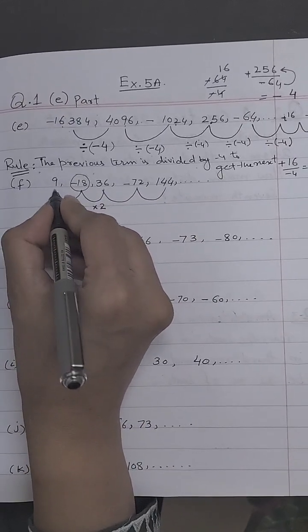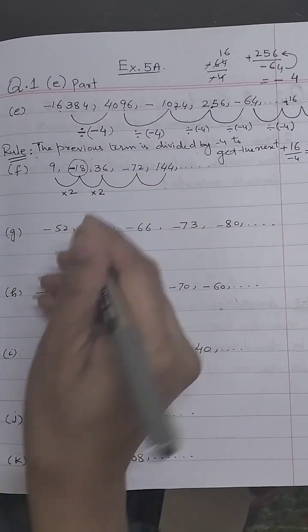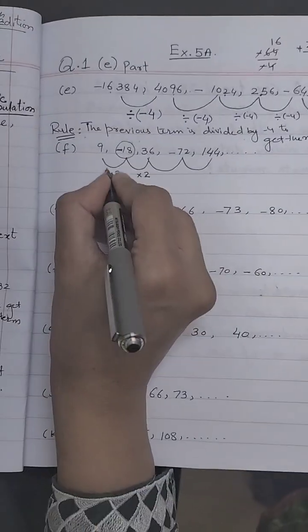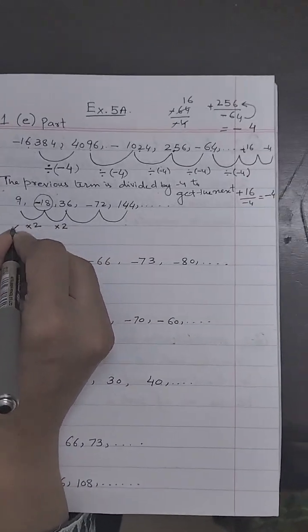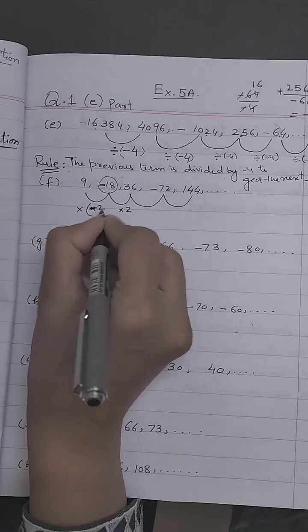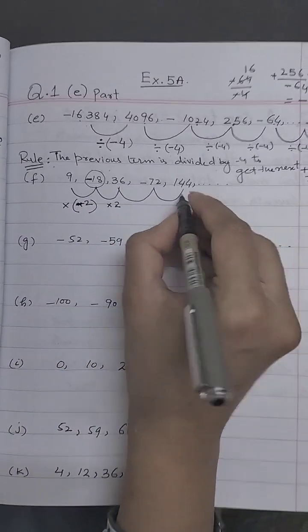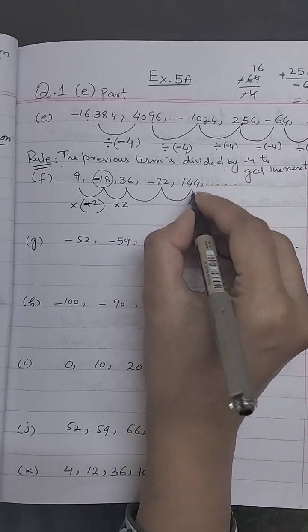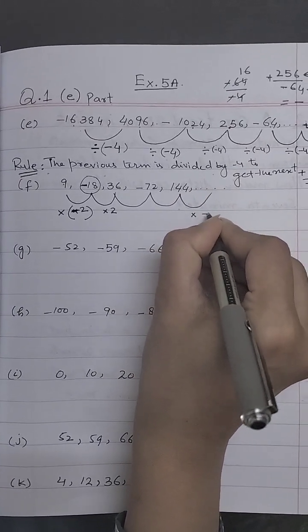But do remember, when there is minus sign, plus sign, for the alternative terms, then we have to see it carefully. We have to multiply 9 with minus 2, and you'll write it in this way, multiplied by minus 2. This is the pattern of the question.